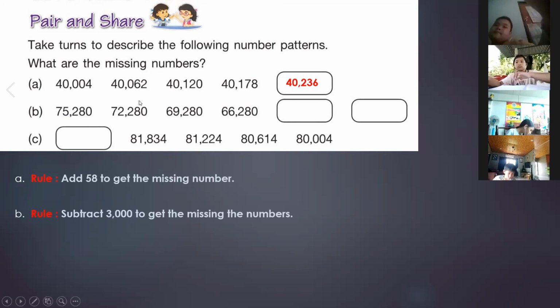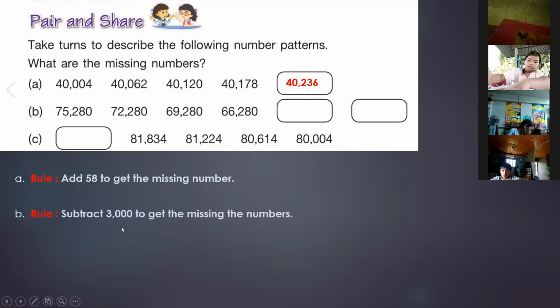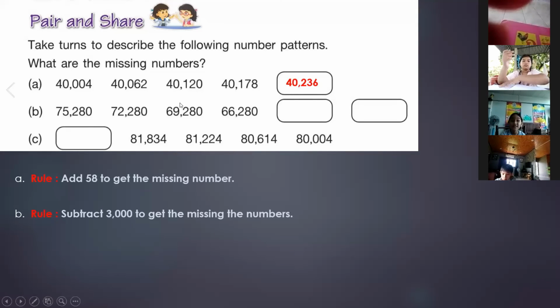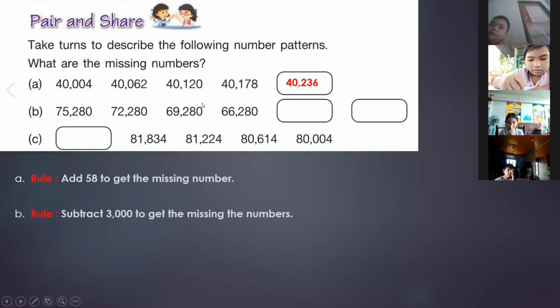Okay, 72,280 minus 3,000 is equal to 69,280. 69,280 minus 3,000 is equal to 66,280.